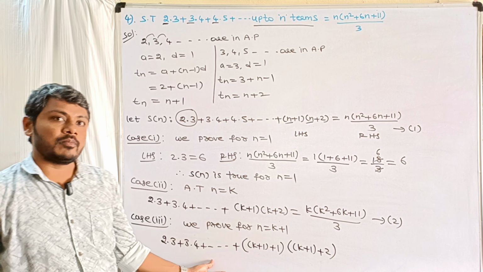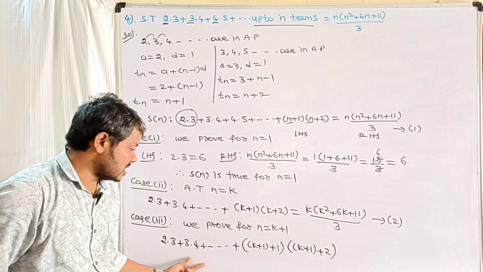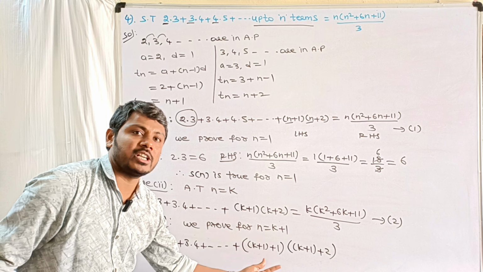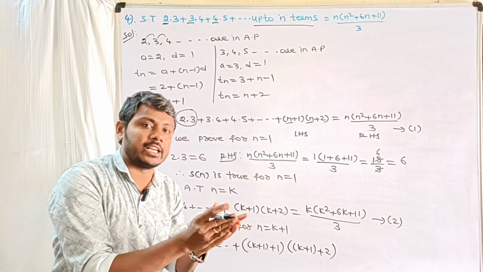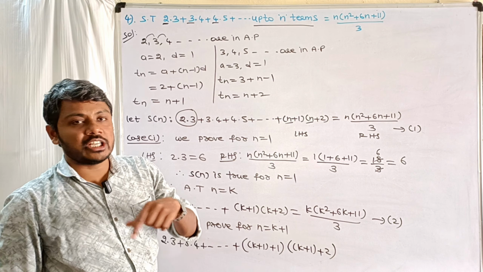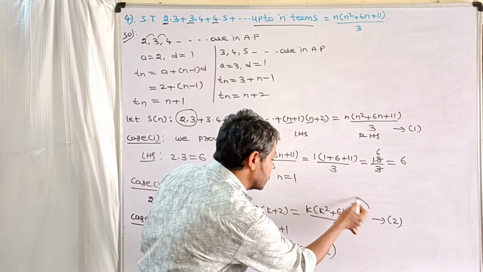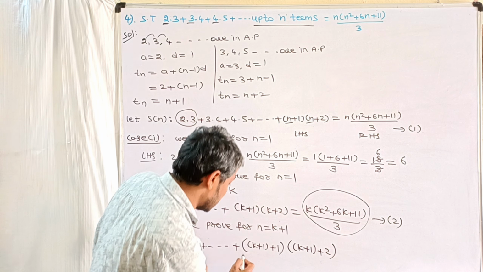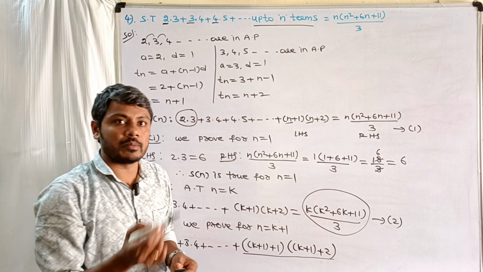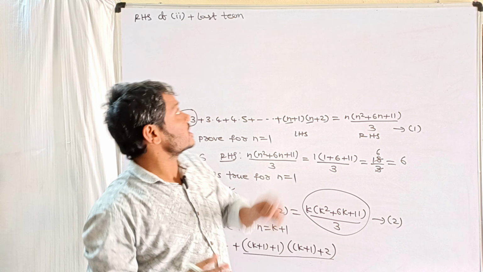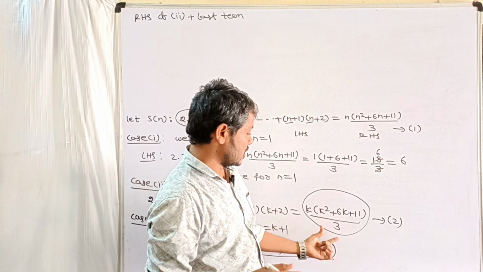So what is the next step? Clearly, this is the sum of k plus 1 terms. You can write it as the sum of k terms plus the last term. So that implies RHS of case 2 plus the last term. So clearly, what is the RHS of case 2? This one.